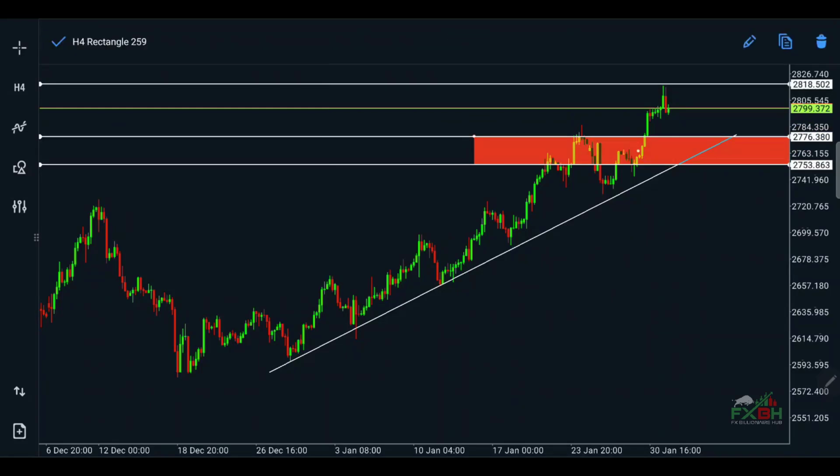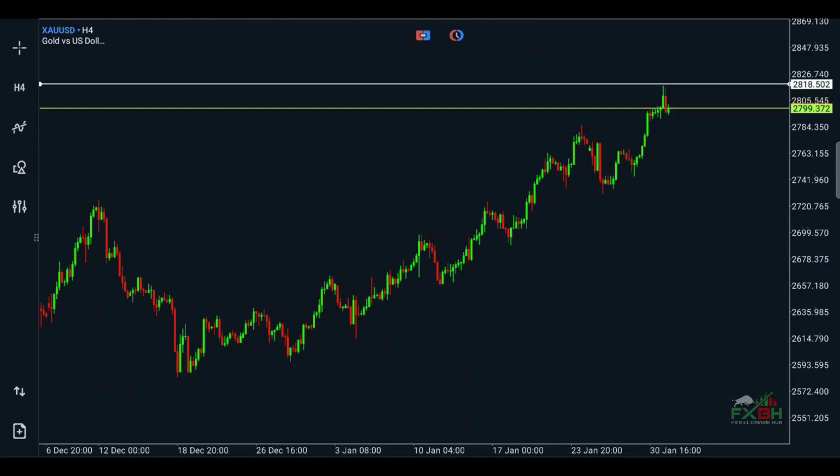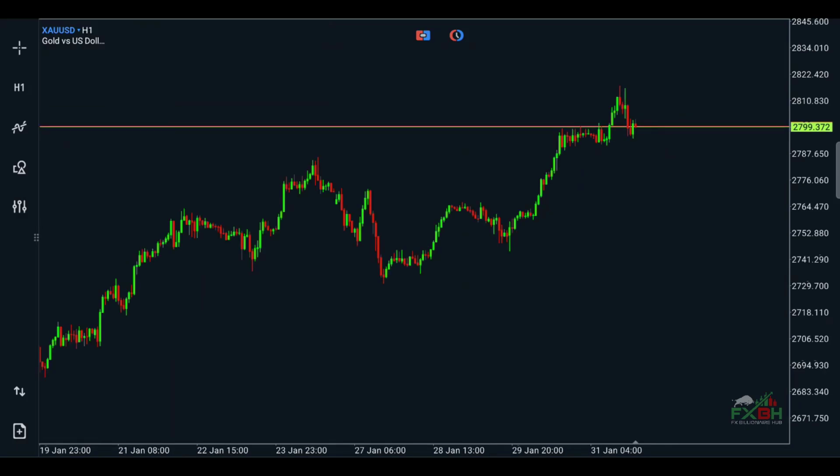And you may ask me, Mr. Boom, what about the lower time frame? Let's check the H1 or M30 time frame. For H1, as you can see there is a strong support zone. So you can also take a short term buy entry on H1.